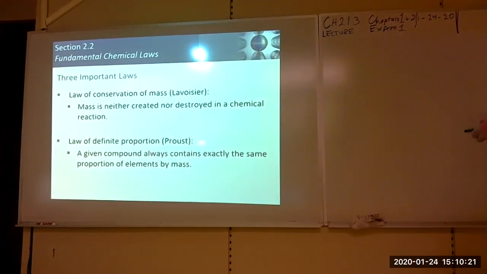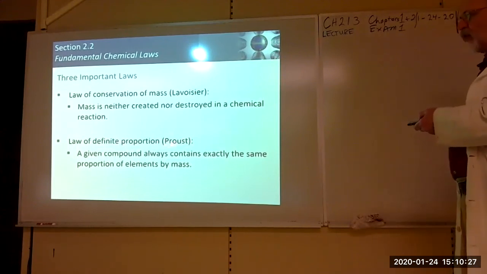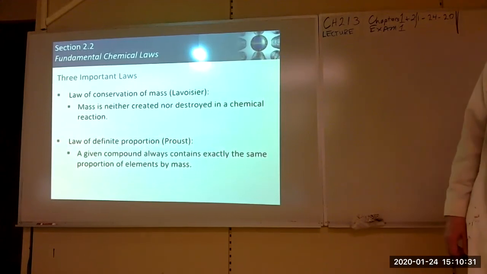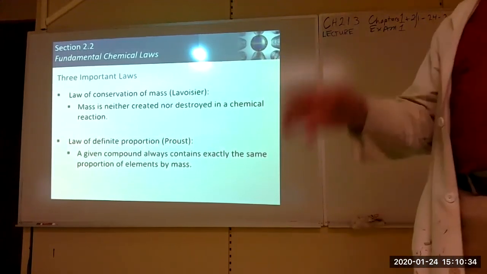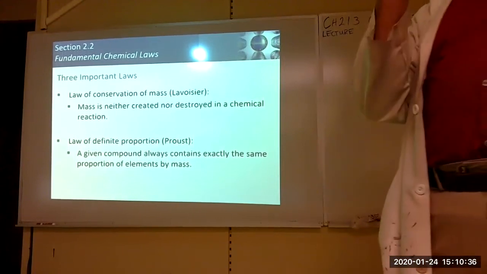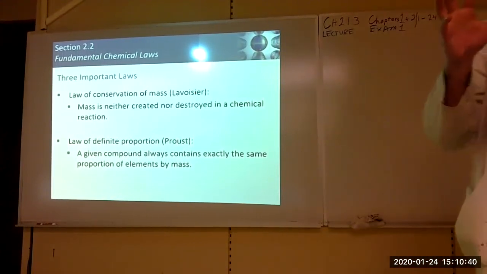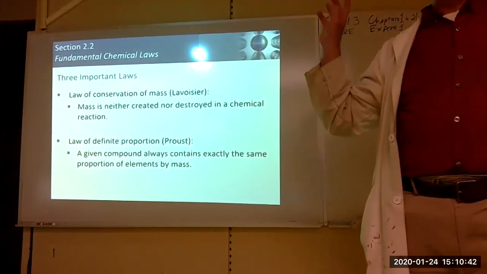Then along came Proust. I think he was French also. Came out with the law of definite proportion. And what that says is, it doesn't matter where the compound comes from. Once you identify a compound and purify it, whatever its source is, the source is irrelevant at that point.